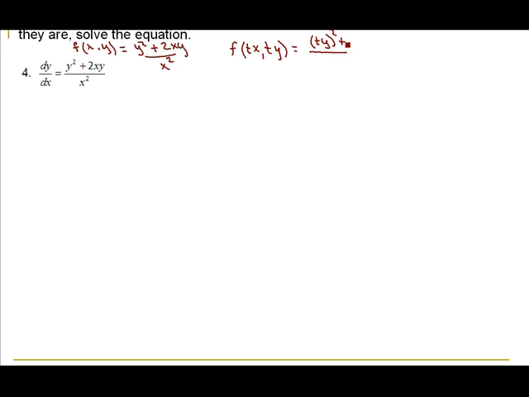And then on my second term, 2xy, I'd have 2 times tx times ty. In the denominator, my x squared becomes tx squared.